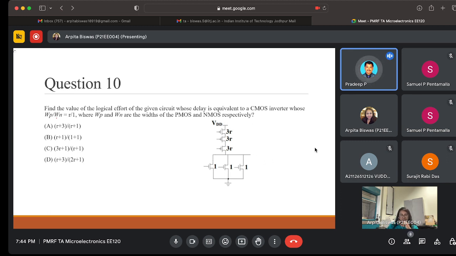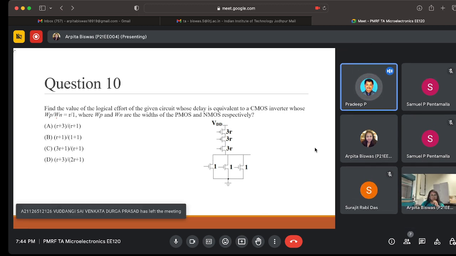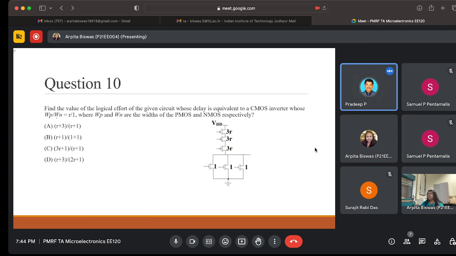Ma'am, option C, 3R plus 1 by R plus 1. How have you calculated? Can you explain? Yeah, with respect to the inverter, I am checking and doing that. Inverter sizing is 2 by 1, PMOS with 2 by 1. Then we are applying that principle for the NAND gate and NOR gate. Yes, the right answer is option C, 3R plus 1 by R plus 1.